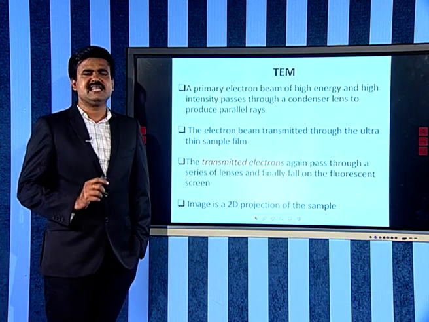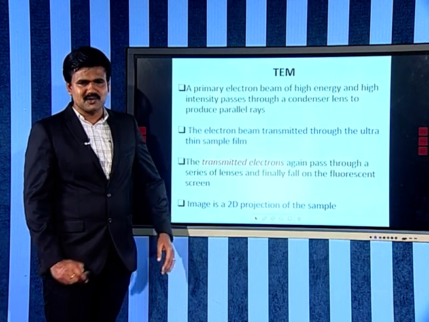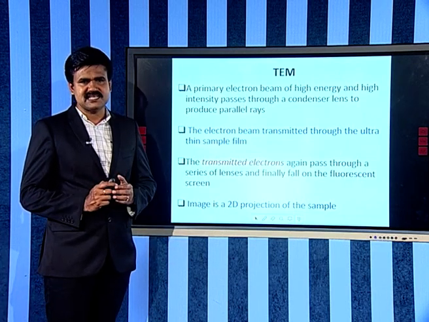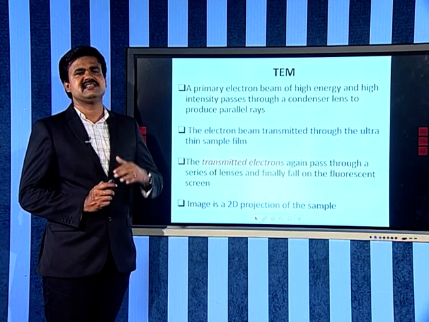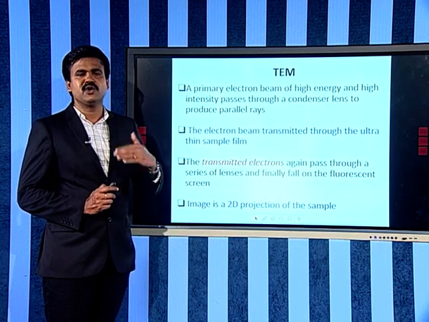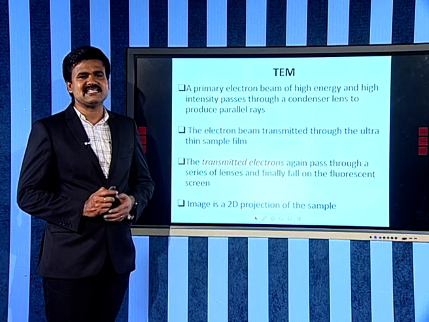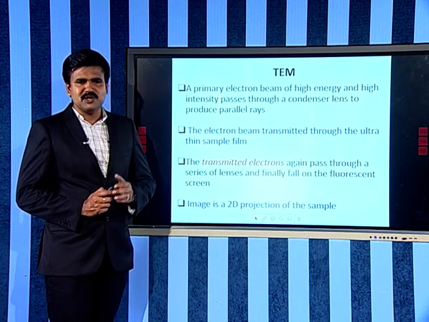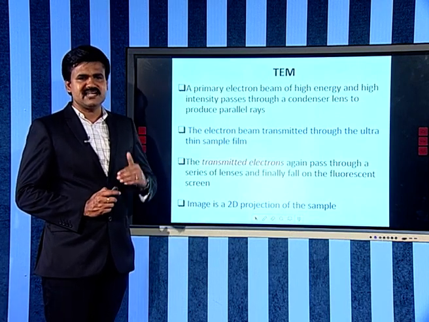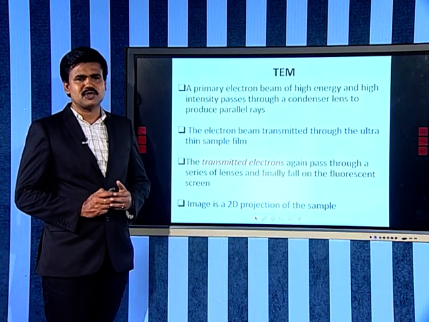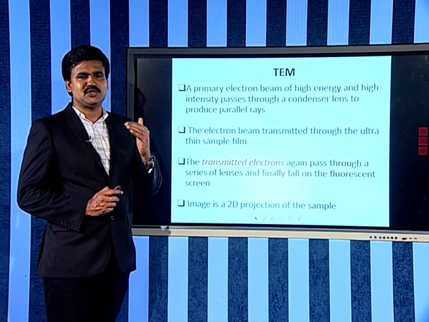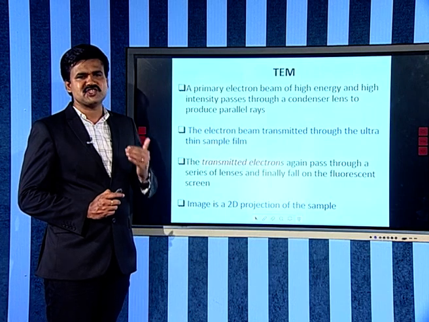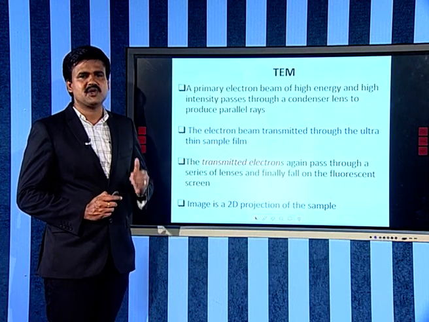That is, in transmission electron microscopy, we are probing the transmitted electrons, not the scattered or backscattered electrons. It should be noted that the image developed in transmission electron microscopy is a two-dimensional projection of the actual sample.